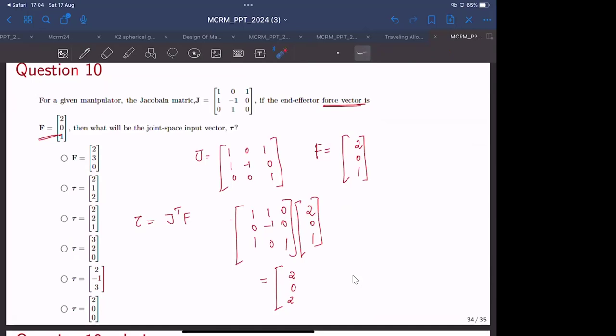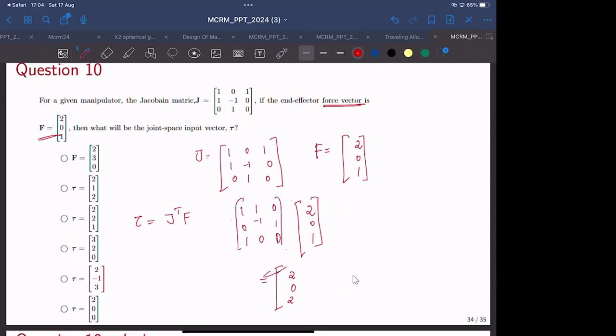So J transpose would be 1, 0, 1, 1, minus 1, 0. Let me check this. Yeah, this is 0, 1, 0. So the transpose would be 1, 0, 1, minus 1, 0, 0, 1, 0.